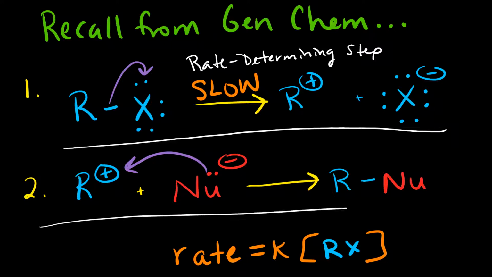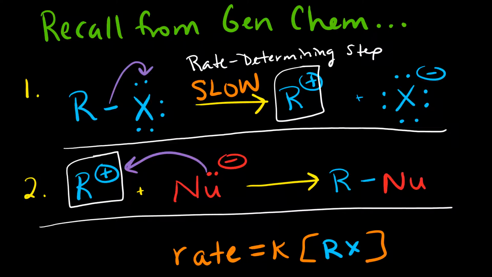The second step is the fast step of the reaction. Also note that the intermediate that's formed that we pointed out on the energy diagram is this carbocation. A reaction intermediate is something that is produced in one step and then used in a later step in the reaction mechanism, so it doesn't appear in the overall reaction.